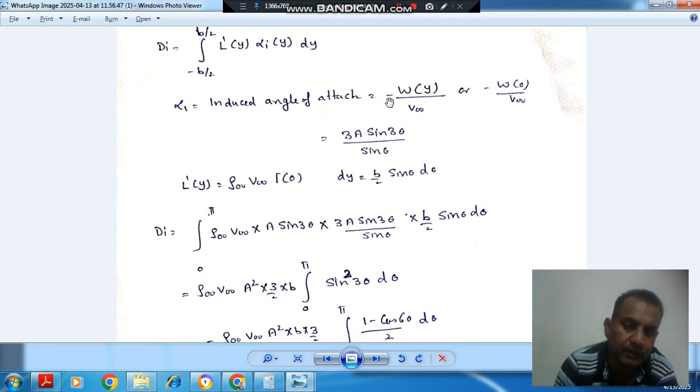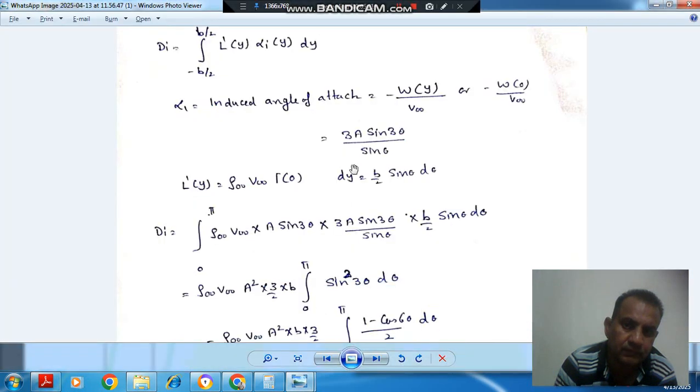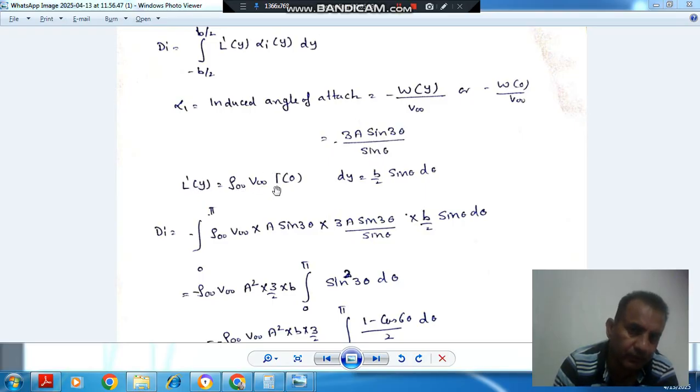The induced angle of attack is -w/V∞, and if it is a function of theta we write it as -w(θ)/V∞, where w is your downwash. The downwash is given as V∞ 3A sin 3θ by sin θ. So αi is your -3A sin 3θ by sin θ. And L' is as before ρ∞ V∞ Γ, and dy is -(b/2) sin θ dθ.